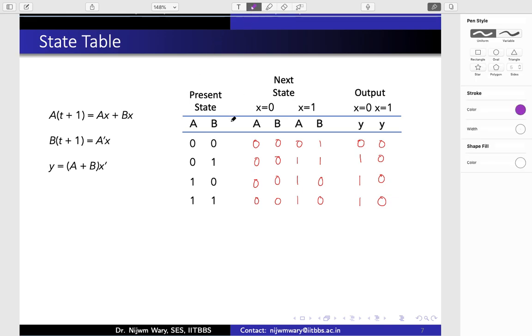Now I will try to enter the name of each of these states in the 4 different circles: 0 0, 0 1, 1 0, 1 1.